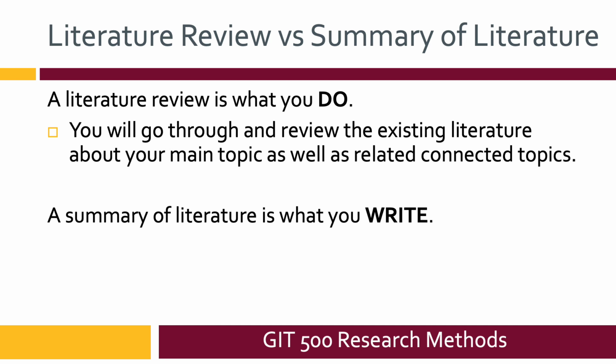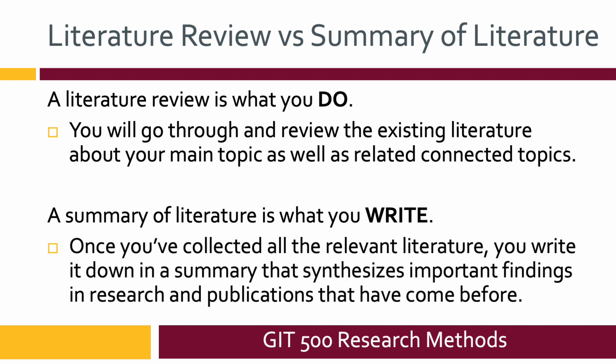A summary of literature is what you write, and that is a chapter you will write in any research proposal and report paper. Once you've collected all that relevant literature, you then write it down in a summary that synthesizes the important findings in the things you find.